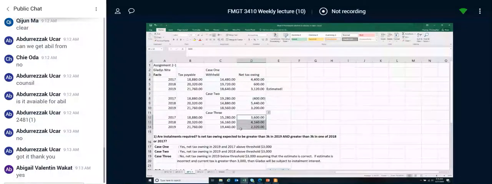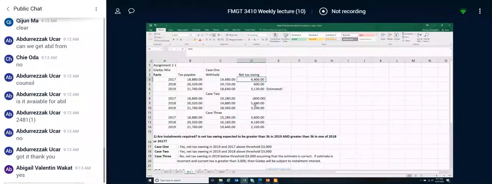And now you need to make your determination. Are installments required? If you look at case 1, current year is over 3,000. Yes. Or in one of the 2 preceding taxation years, is their net tax owing amount over 3,000? In case 1, 2017 is over 3,000. So you would say yes.